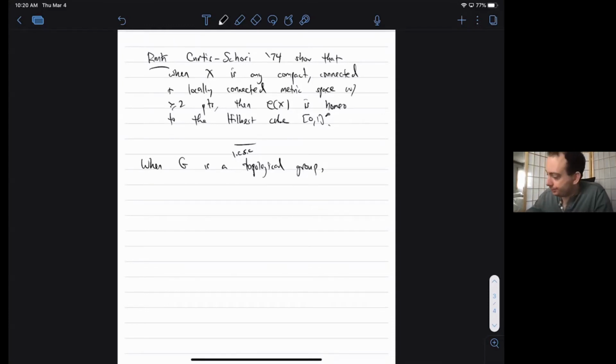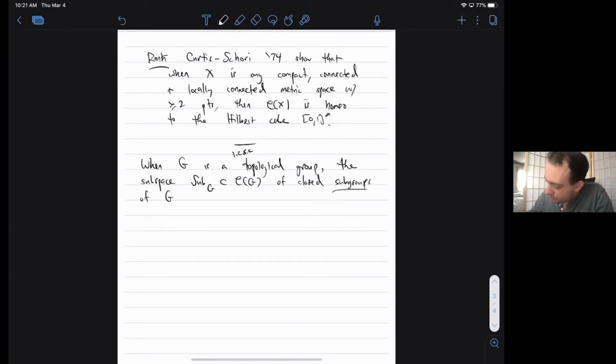But the subspace Sub G inside of C of X, or C of G now, is the subspace of closed, not just subsets, but subgroups of G. This is often called the Chabauty space of G.